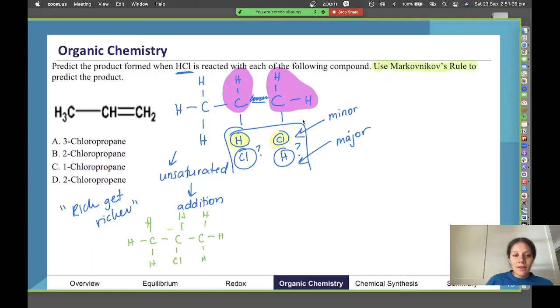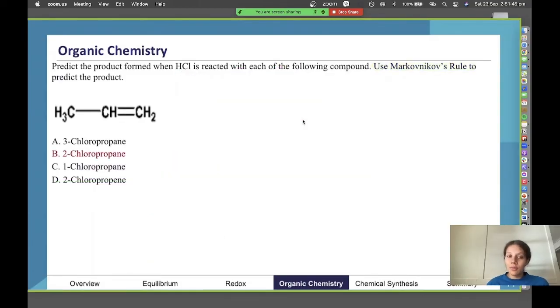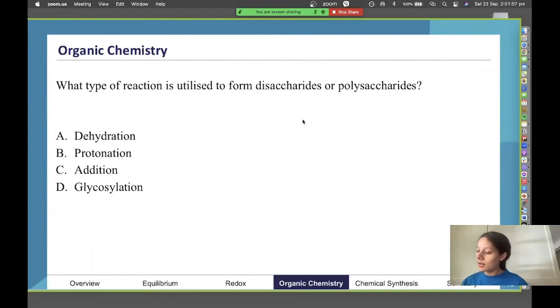So that means we have a chloropropane, so we can rule out the propene one there. And it's on the second carbon. So that means our correct answer is 2-chloropropane as the product being formed there. Okay, awesome. So a couple of little concepts in there, which is definitely really good to get some practice of.